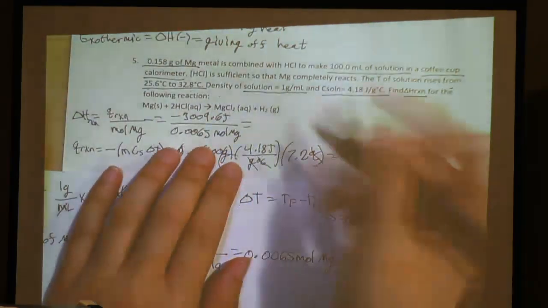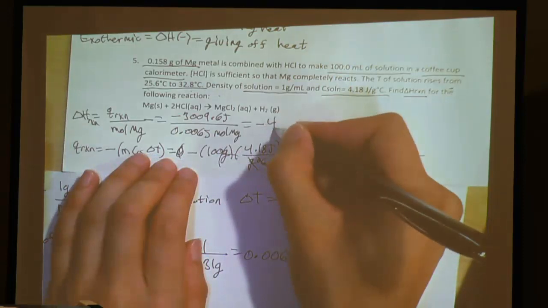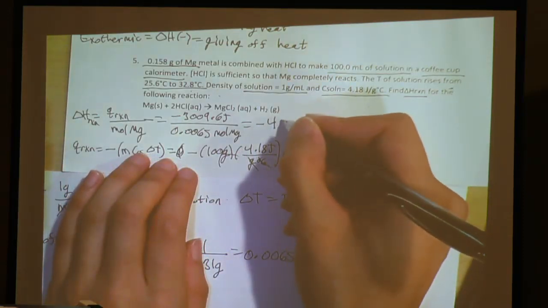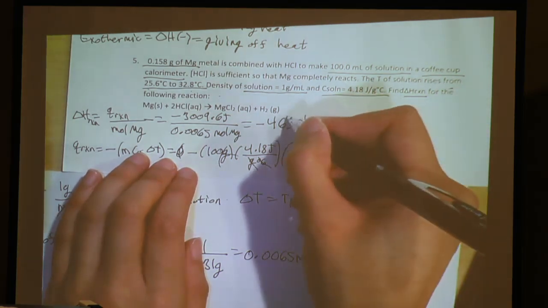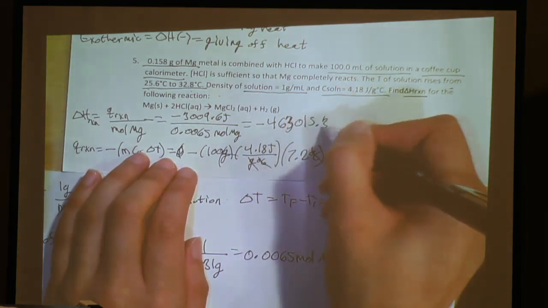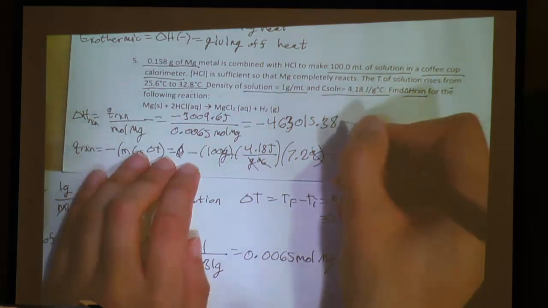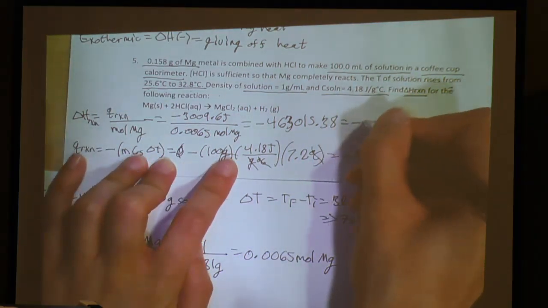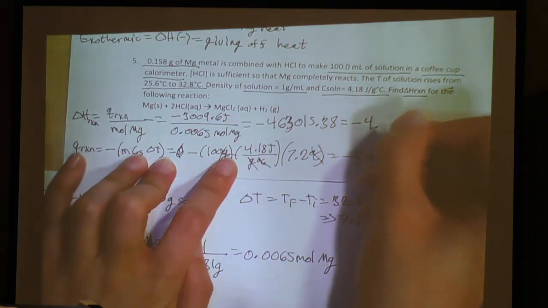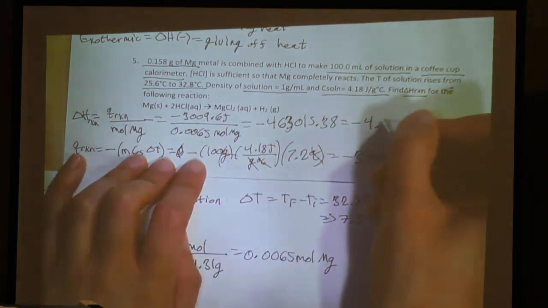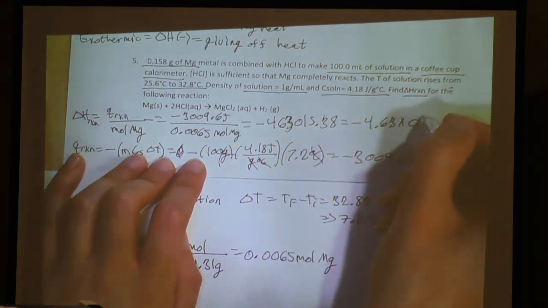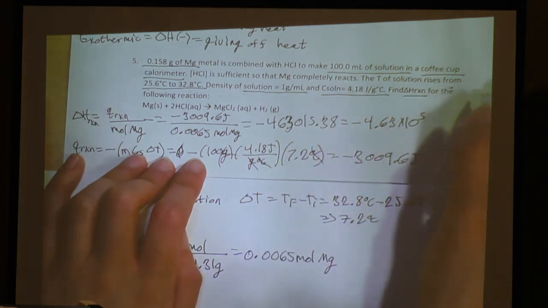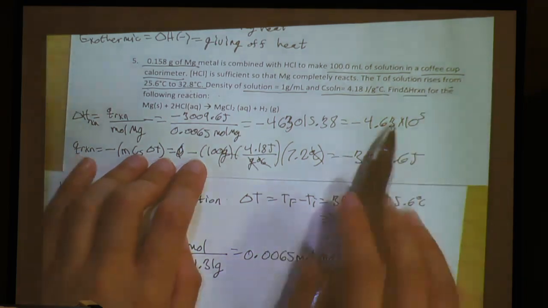So our final answer is going to be negative 463,015.38. You could end up seeing this in scientific notation as like negative 4.63 times 10 to the 5.